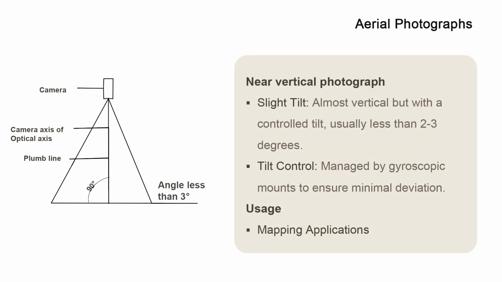So, near vertical photographs, that is our second option. These are almost vertical with a slight tilt controlled by gyroscopic mounts, ensuring the tilt is minimal, typically less than 2 to 3 degrees. These photos are used for most mapping applications because they offer a good balance between coverage and accuracy.